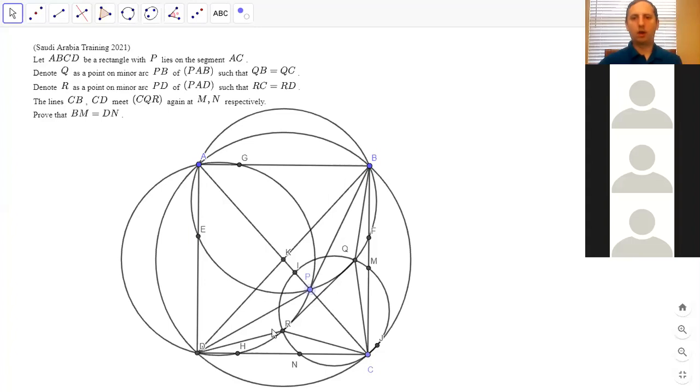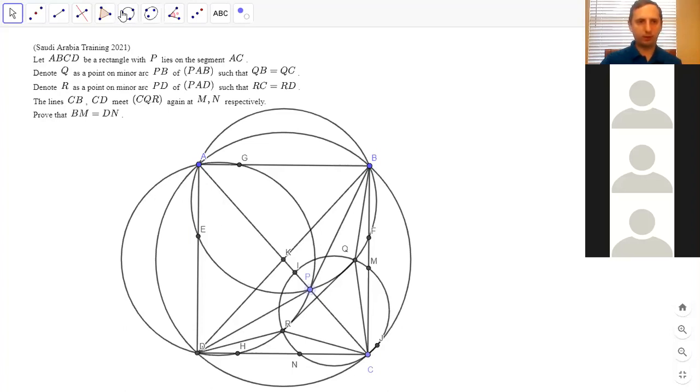Basically there's a spiral similarity taking DN to BM. So it's the center of the similarity taking that segment to the other segment. So basically we would have DNJ is congruent to JMB.